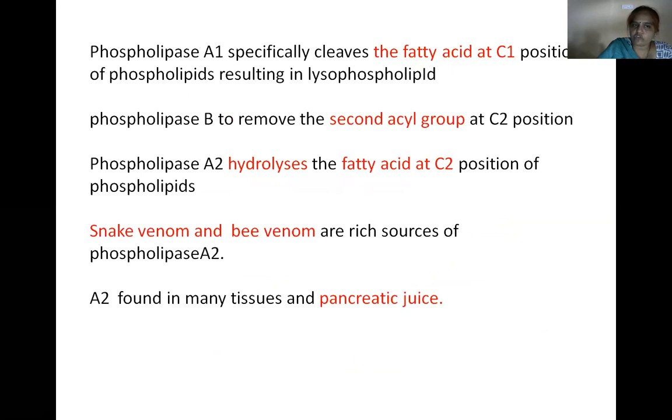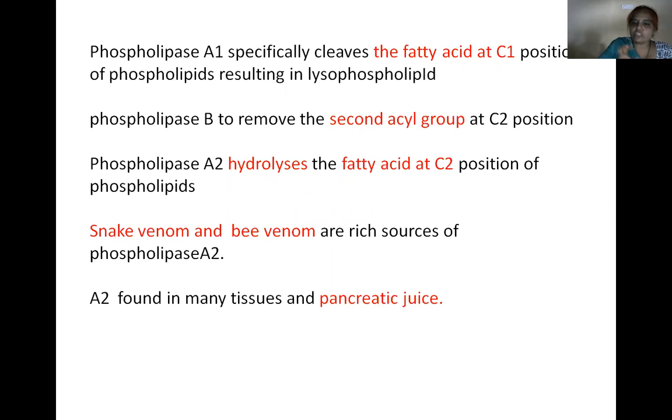So different phospholipases are involved in the degradation of the phospholipids, and each acts upon or cleaves different bonds. These are the different types: A, B, C, D. A can be divided into A1 and A2. A1 cleaves the fatty acid at the C1 position of the phospholipid.